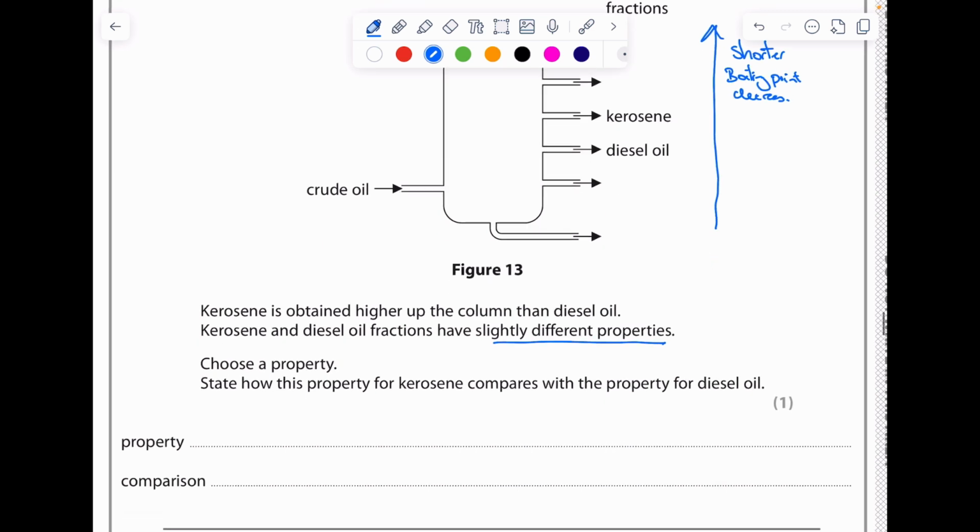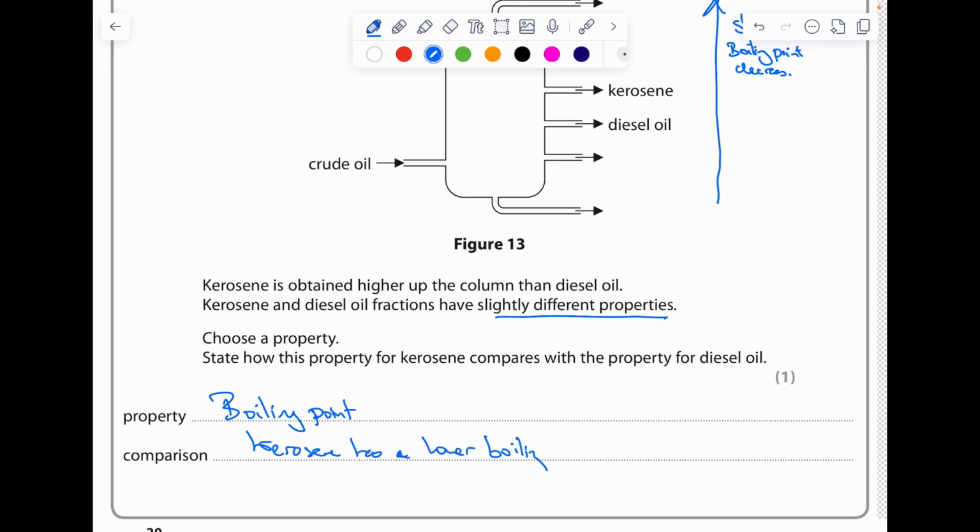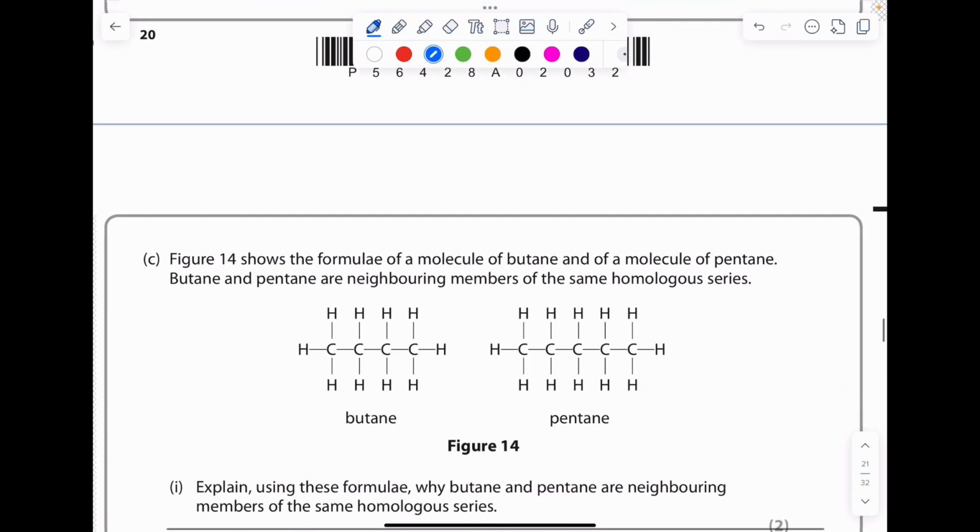So the first thing I can say here is the property is the boiling point, and I can say that kerosene has a lower boiling point. 1 mark for each of the points, and 1 mark in total, so 1 mark for getting both right.